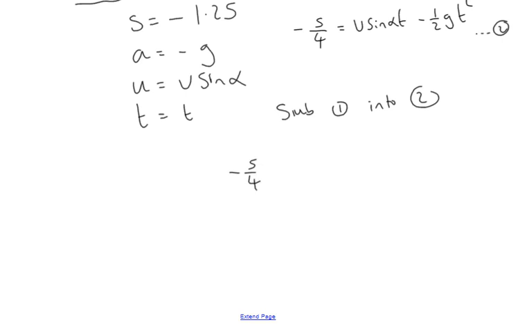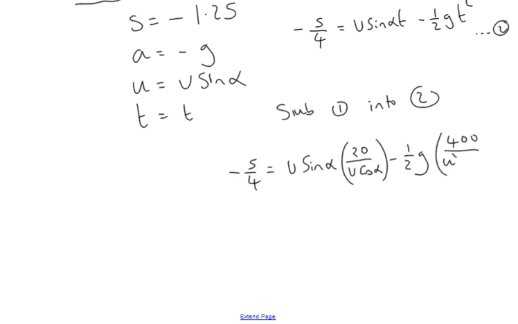Minus 5/4 is equal to u sine alpha t, but t, of course, now is 20 over u cos alpha, minus a half g t squared, and t squared is 400 over u squared cos squared alpha. So we're now going to simplify this.